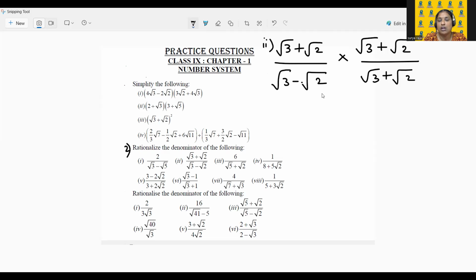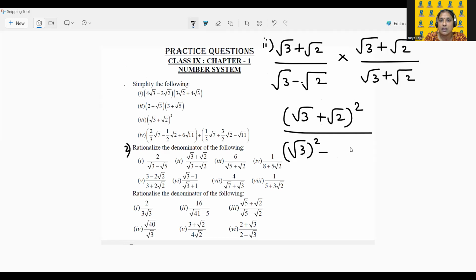This is why we are doing this, to rationalize the denominator. Square root of 3 plus square root of 2, whole square, over square root of 3 squared minus square root of 2 squared.